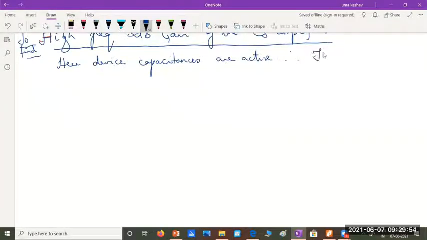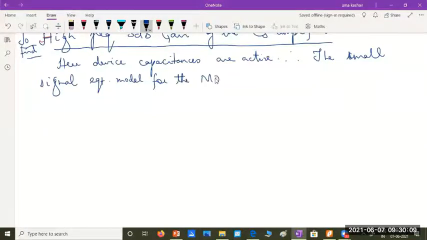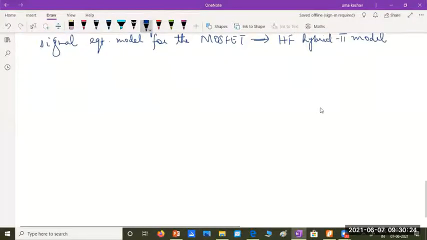Therefore, the small signal equivalent model for the MOSFET should be the high frequency hybrid pi model. The high frequency model which we have written should be used to replace the MOSFET. So do you remember the hybrid pi model which we had considered?